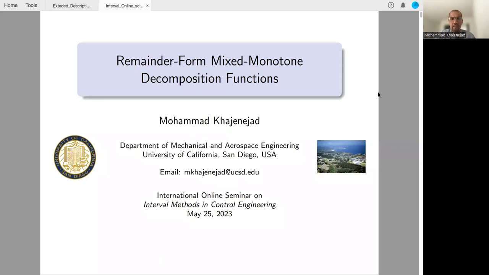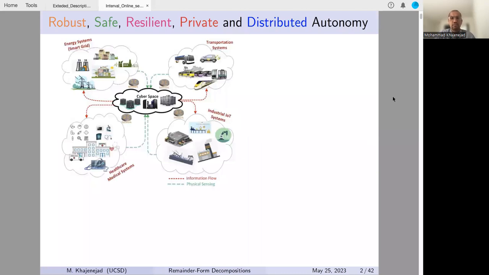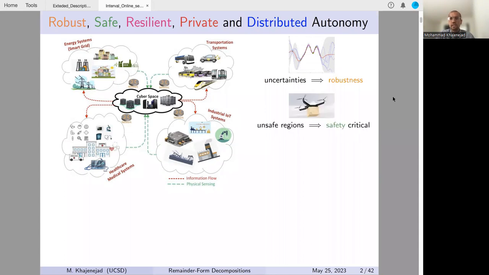All right, so let me start with this known fact that cyber-physical systems, which can be found in more or less all societal sectors, are usually subject to different types of uncertainties. So robustness is an important factor in these large-scale cyber-physical systems. Moreover, they typically have unsafe regions of operation, so they are safety critical.